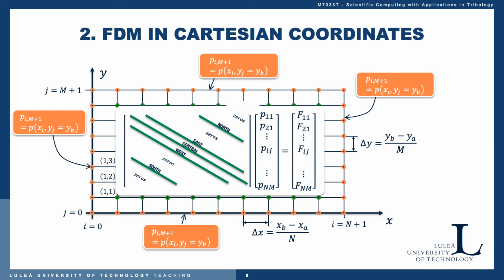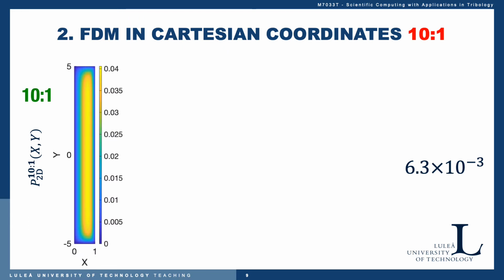When we have this solution, we're not so happy at first, because we need to specify it with a very high y to x aspect ratio in order for it to resemble the infinitely wide bearing solution.